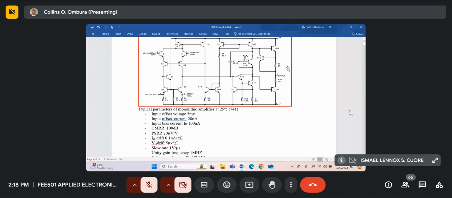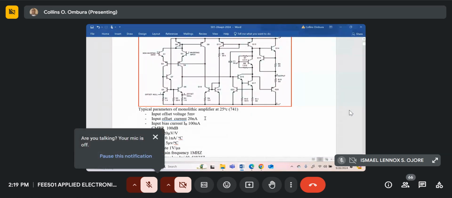If it is not zero, and I supply one of the inputs with a constant current source until the output becomes zero, that's referred to as the input offset current. So it's the current required to balance the output voltage to become zero.